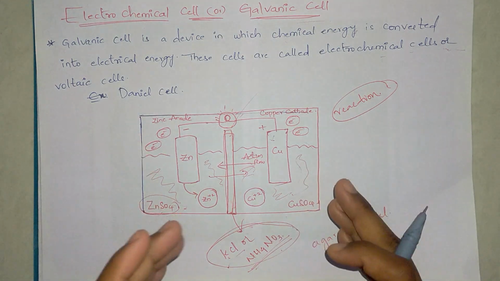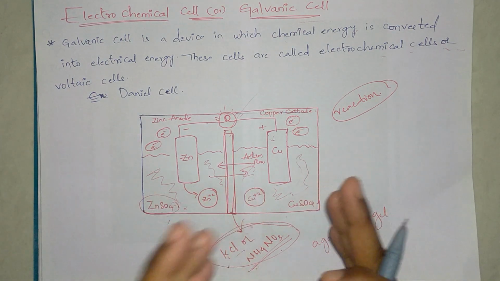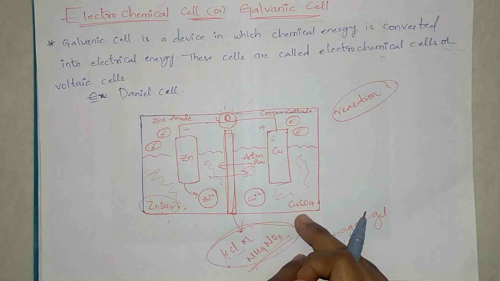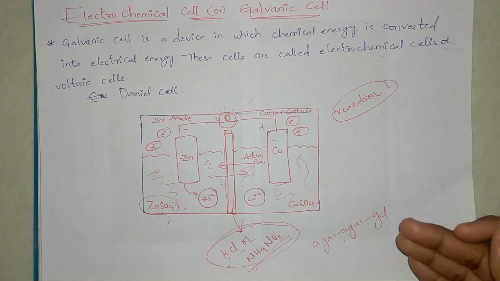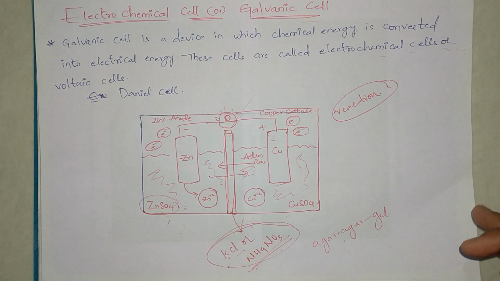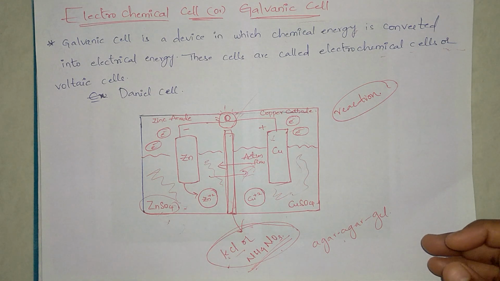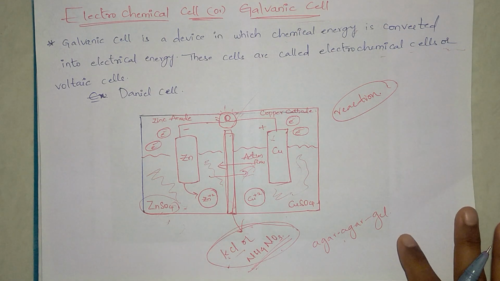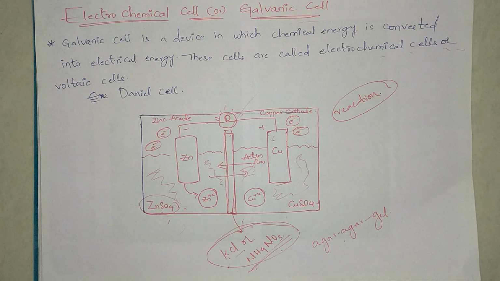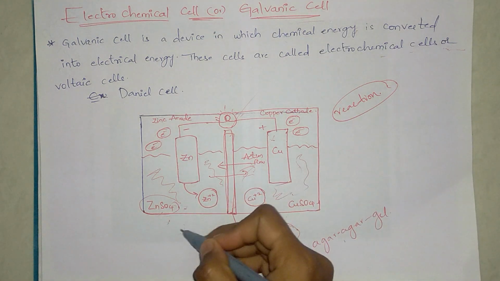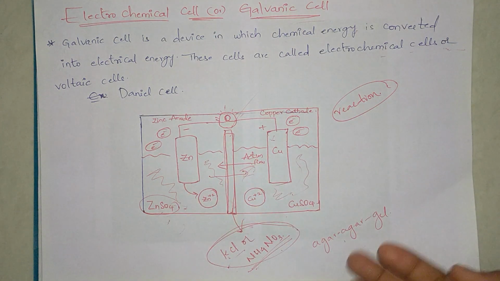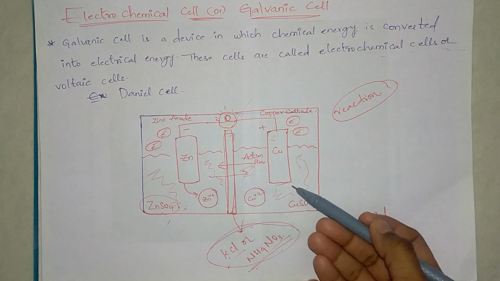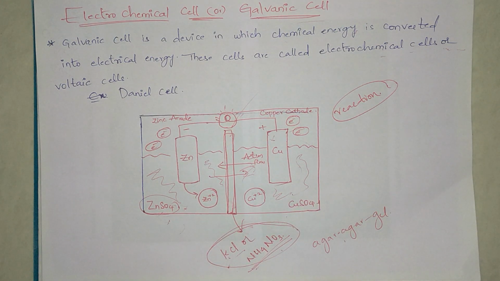Because of the solutions and their electron losing and gaining capacity, the movement of electrons takes place and we get electricity. The same phenomenon happens in every other cell as well. The only difference is which solution or electrode is used. In this galvanic cell we used zinc and copper; in another cell we will use two other elements. That is the only difference, not the process.